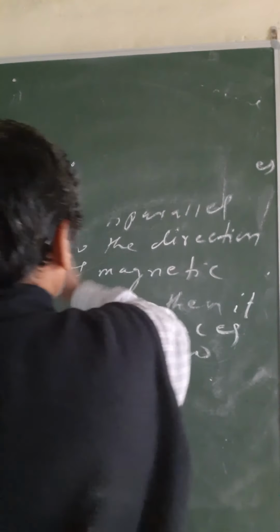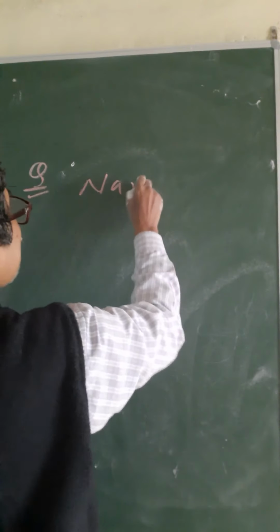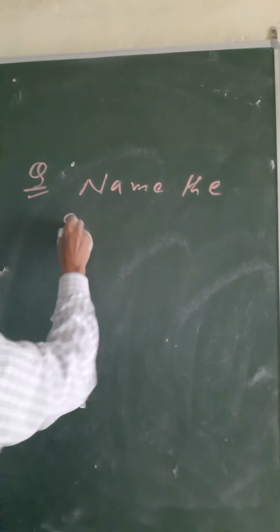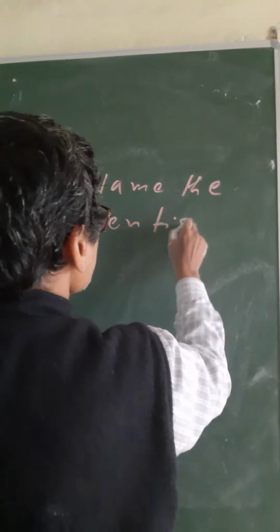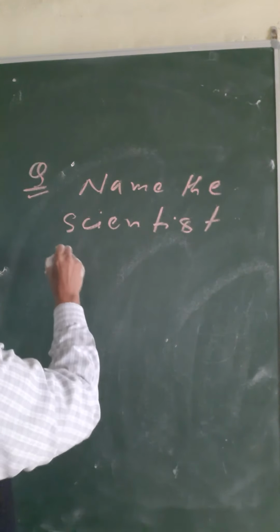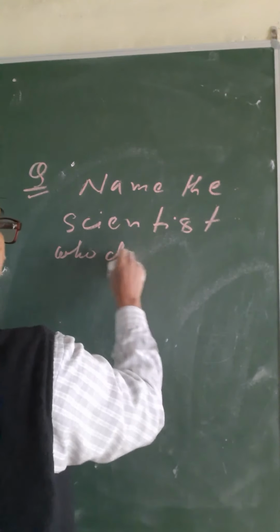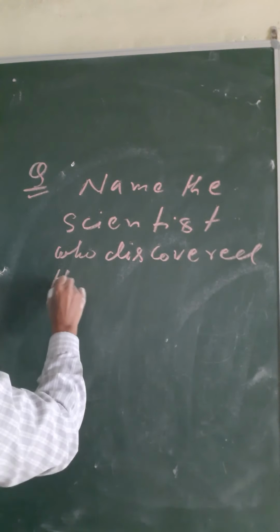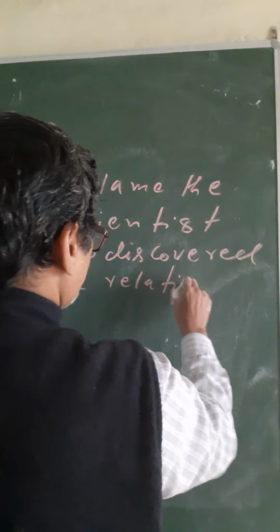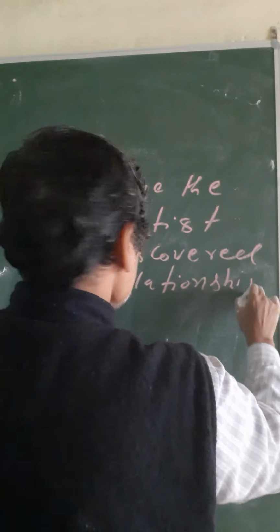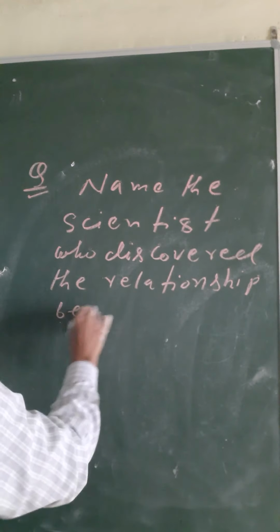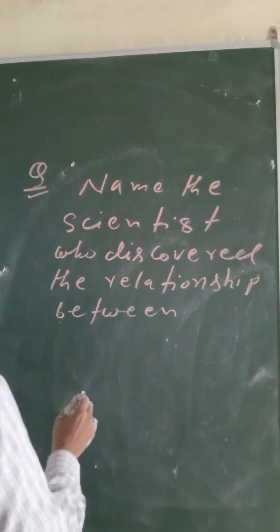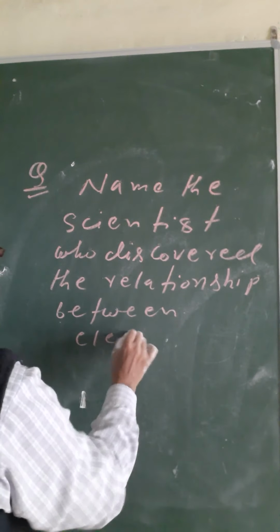The next question is: name the scientist who discovered the relationship between electric current and magnetic field.